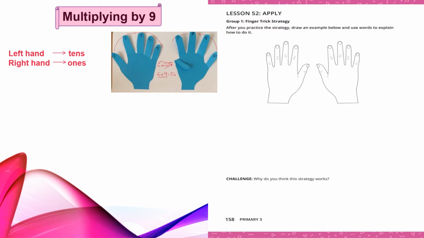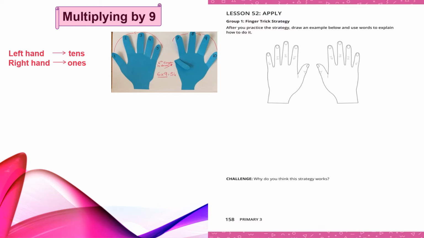We have 5 fingers. And also, how many fingers are there on the right side? We have 4.